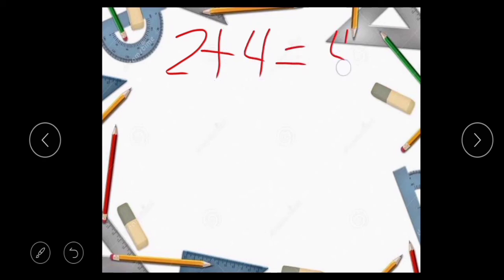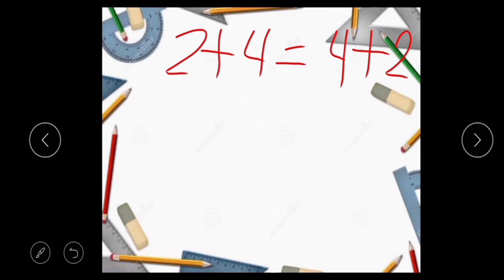And in the given, 2 plus 4 is equal to 4 plus 2. It is a commutative property.